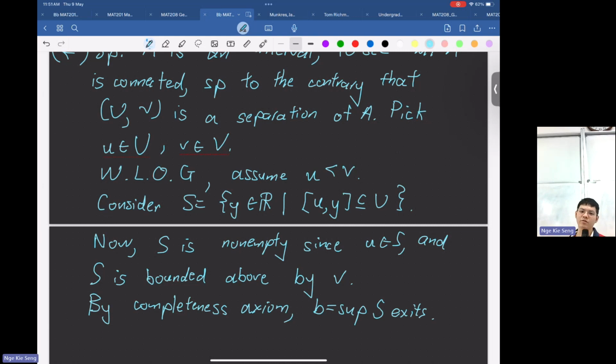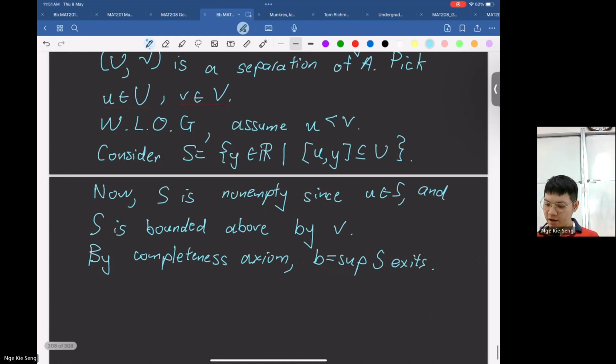Now we want to ask where this sup X lies. You can see that b should be less than or equal to v, and greater than or equal to u, because v is an upper bound of the set, but b is the least upper bound, so it must be less than or equal to any upper bound.